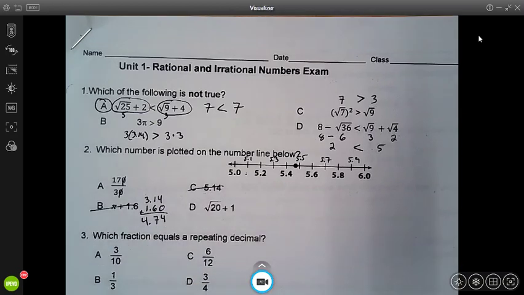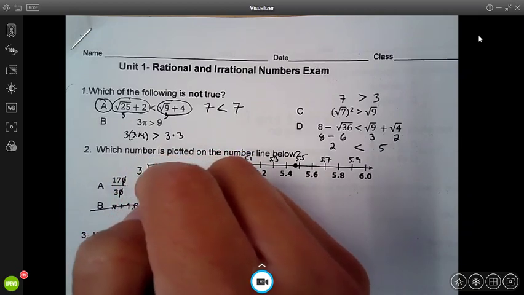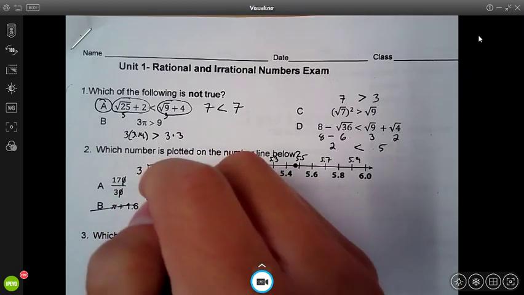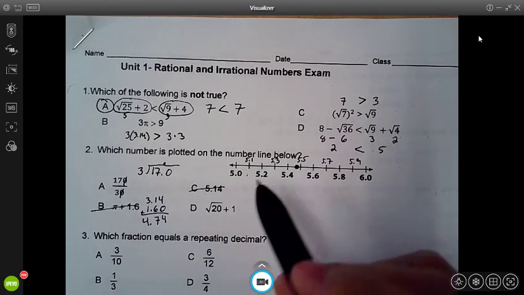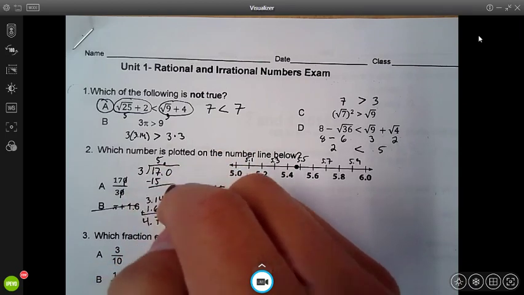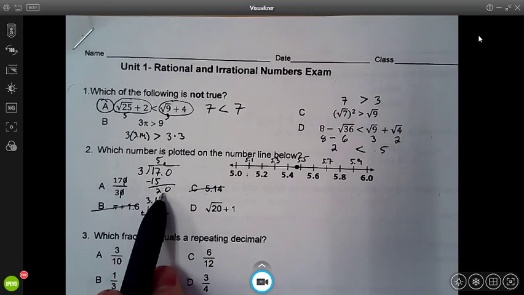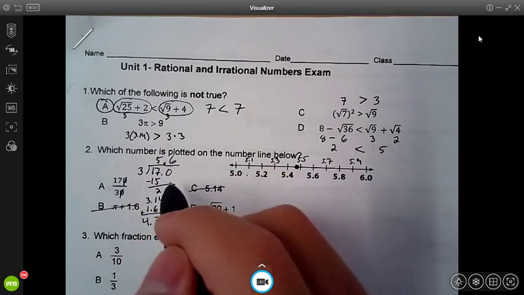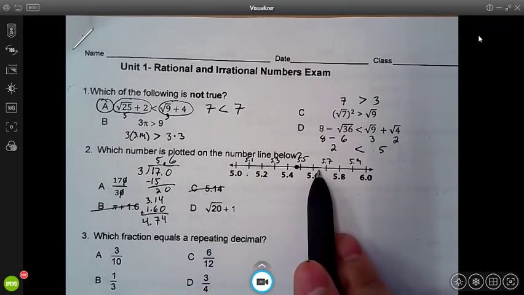So let's go ahead and divide 3 into 17.0, and let's bring up that decimal point. 3 goes into 17 5 times. 5 times 3 is 15, and when I subtract, I get 2. 3 goes into 20 6 times. 6 times 3 gives me the 18, right? This is 5.6. I'm looking for a 5.4 number.